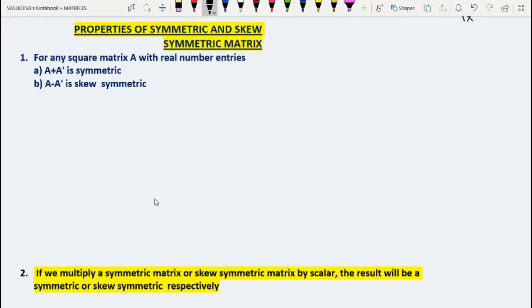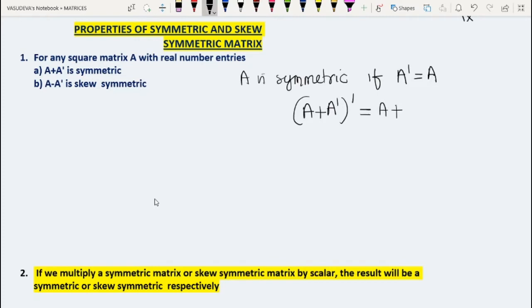We know that a square matrix A is symmetric if A dash is equal to A. So now to show that A plus A dash is symmetric, we have to show that A plus A dash whole dash, that is the transpose of A plus A dash, must be equal to A plus A dash.